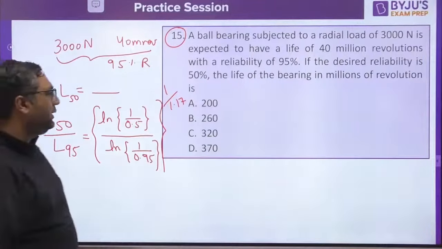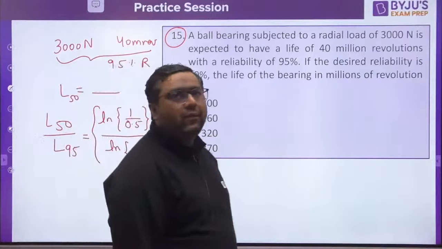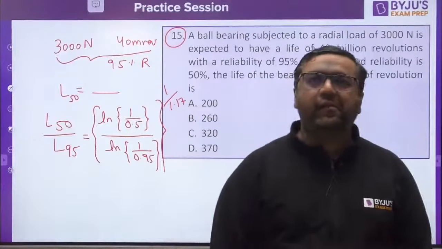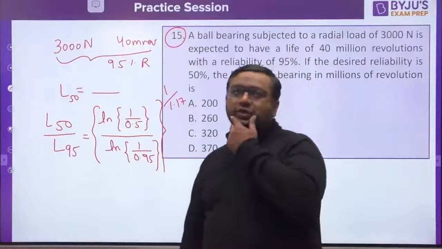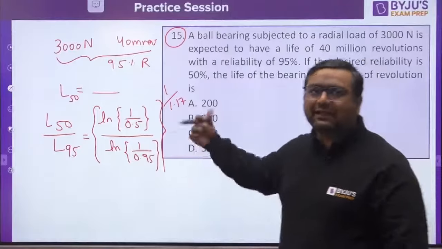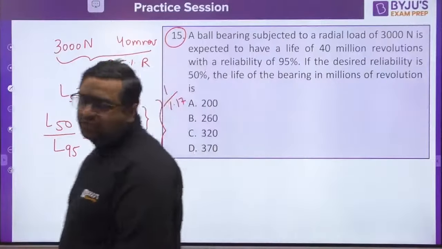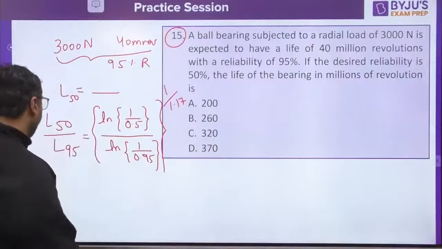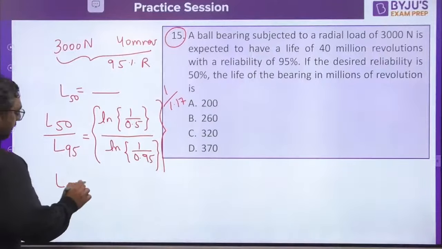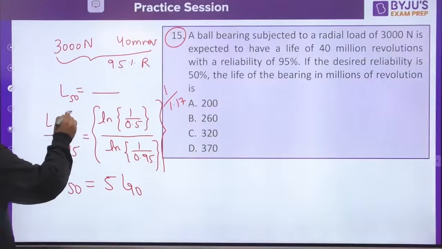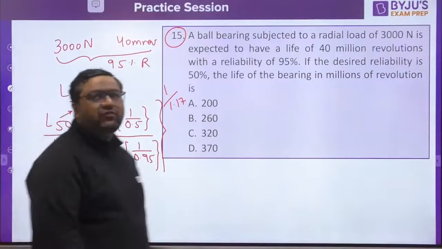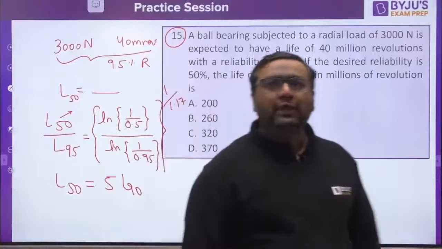So you can find out the desired one. You can also first of all find out L90, then you can go 5 times of that. You know L50 is 5 times of L90. You can also find out L90 first, then multiply it with 5. Totally your choice.